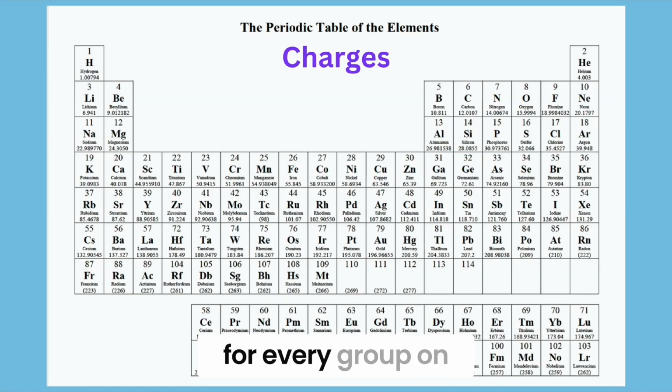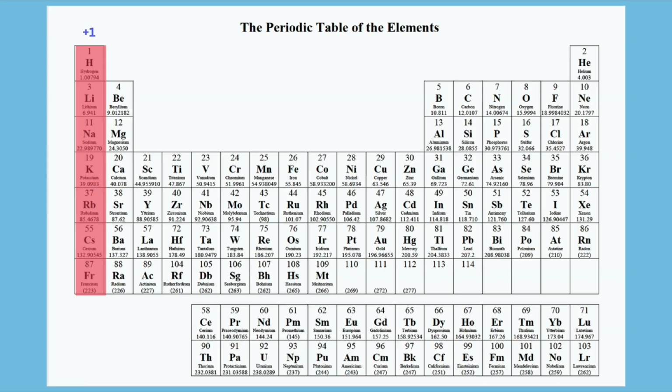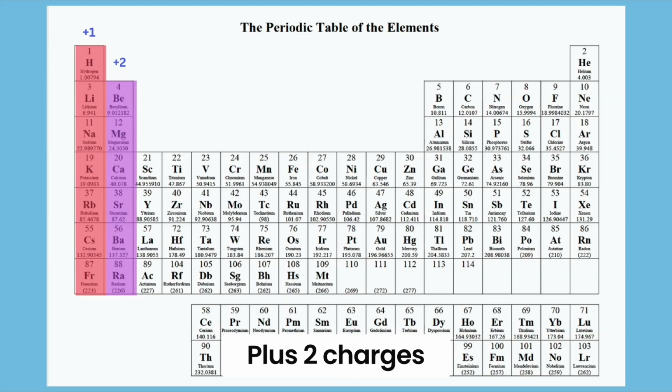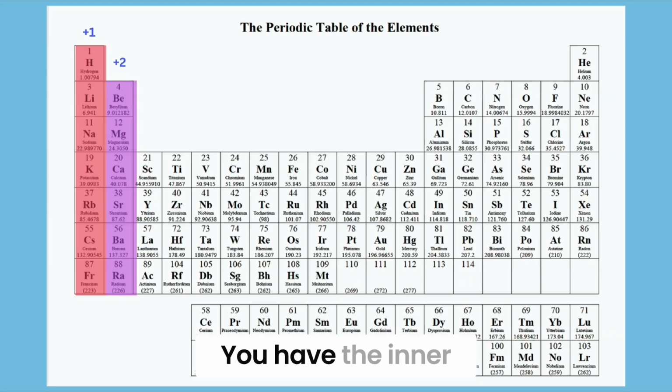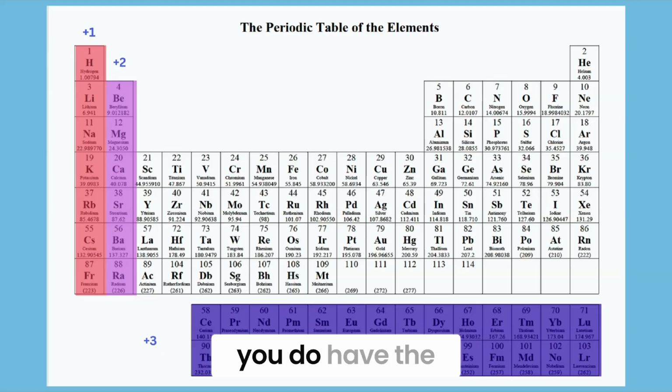So you have charges for every group on the periodic table. Group 1, you have your +1 charges. Group 2, +2 charges. You have the inner transition metals, which are not used frequently, but you do have the +3 charge.